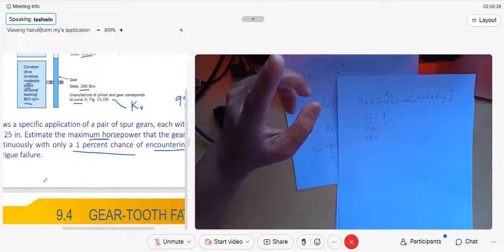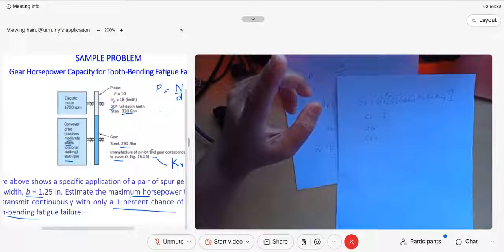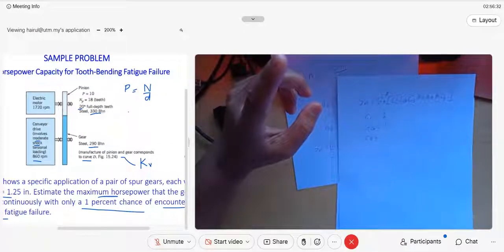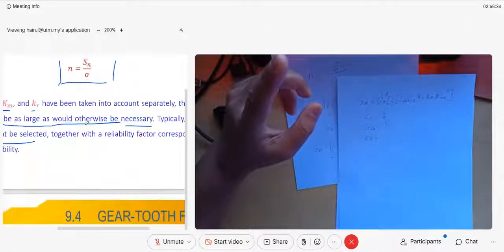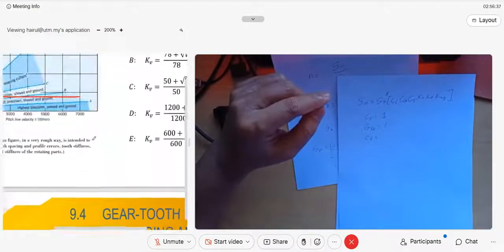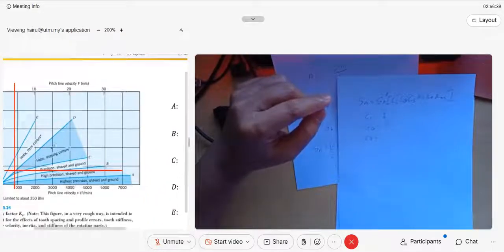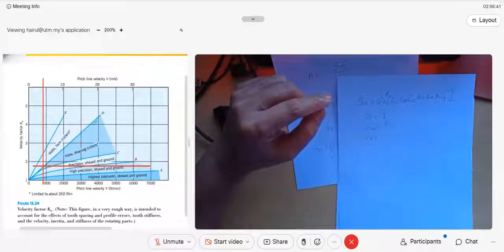Manufactured gear corresponds to curve D. What is curve D? In your textbook, curve D is for hobbing machine or shaping cutters, and you use curve D for KV.